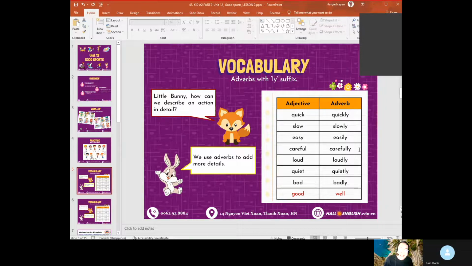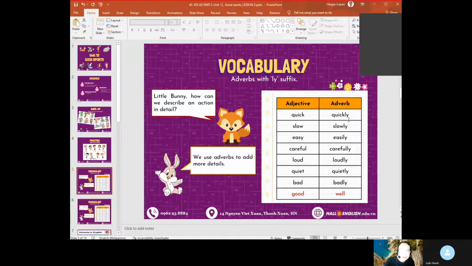Now, when we say adverb, most of the adverbs, we just put ly at the suffix, meaning at the end of that adjective. So that would be adjective, but if you put ly at the end, that becomes quickly, and that would not be an adjective anymore because that would be an adverb.